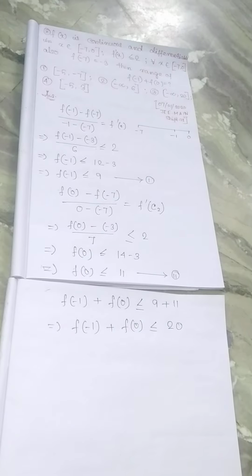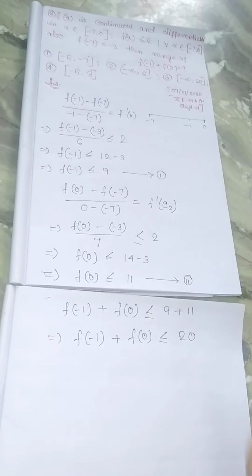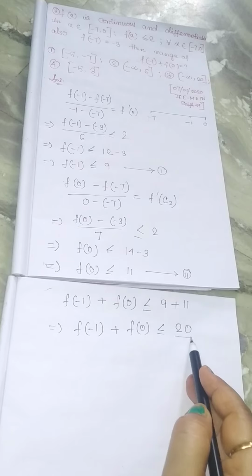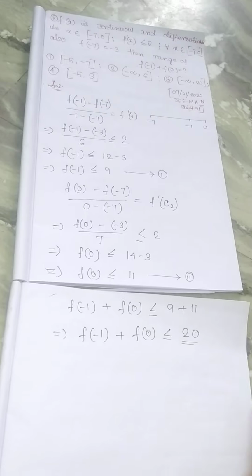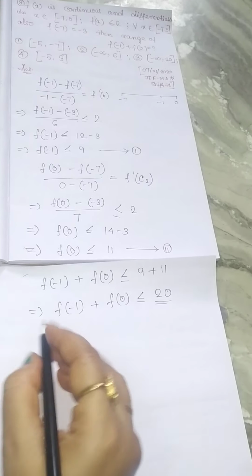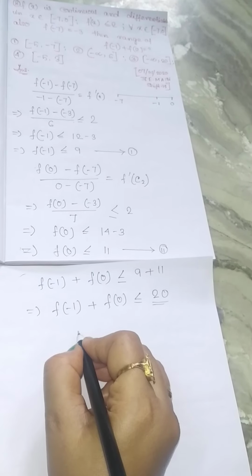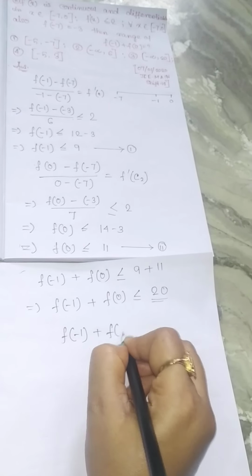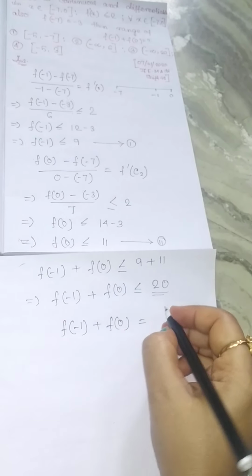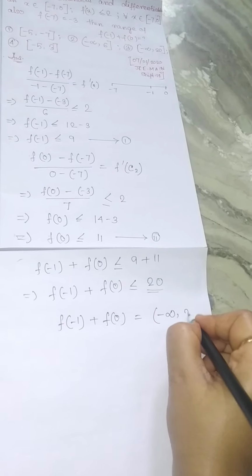This shows the interval belongs to minus infinity to 20. So our range is f(-1) + f(0) belongs to the range minus infinity to 20.